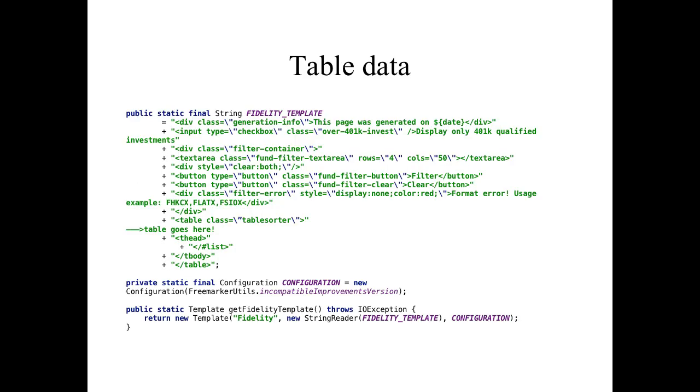When we look at the template itself, we can see that there are variables like the date. Let's see if there's any other variables in here. There's an end of a # list, so that'll go into the template system. You can kind of see how these elements are not necessarily elements you might be familiar with as a Java programmer. And then what we do is we use a string reader, get the static fidelity template and the configuration, which is also static, and then we can put that into making our new template.